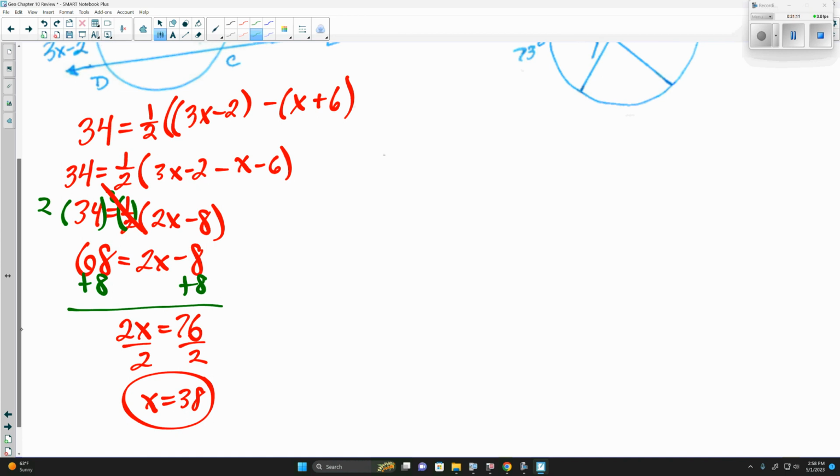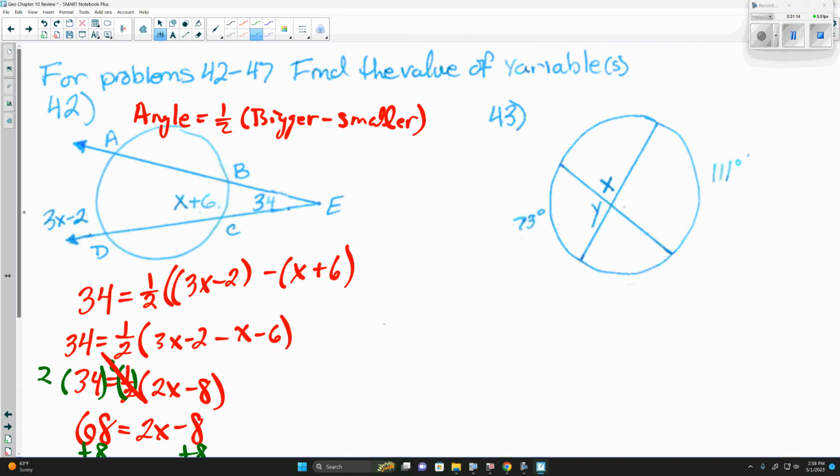If they intersect inside the circle, the angle is equal to half of the two arcs added together.